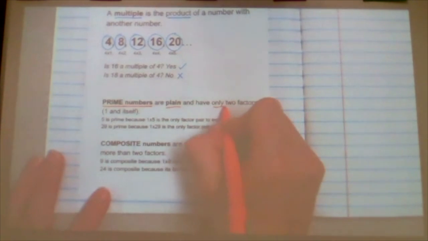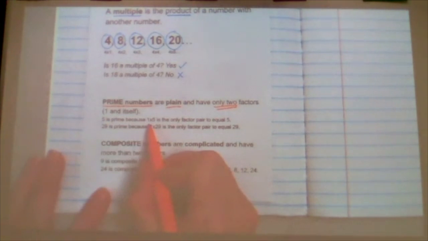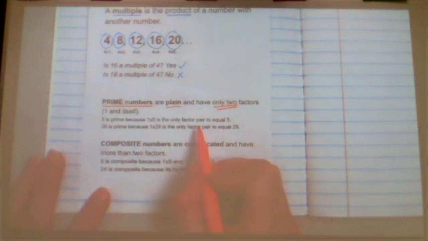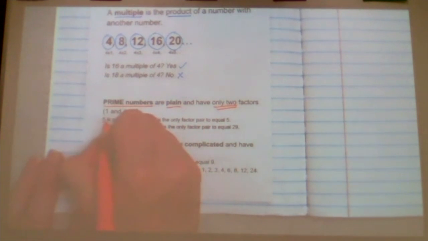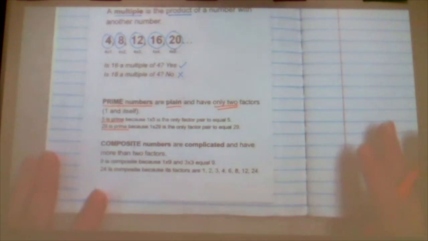So I'm going to just double underline only 2. For example, 5 is prime because 1 times 5 is the only factor pair to equal 5. So I'm going to underline 5 is prime. Another example here, 29 is prime because 1 times 29 is the only factor pair to equal 29. There's no other ways to make it. So I'm going to underline the other example, 29 is prime.